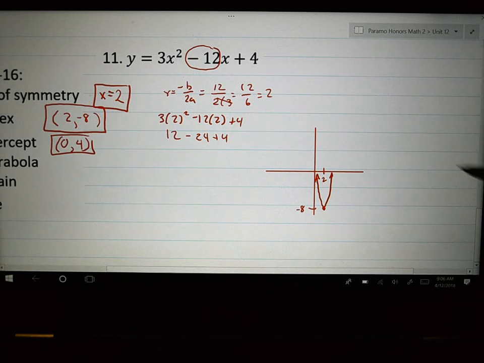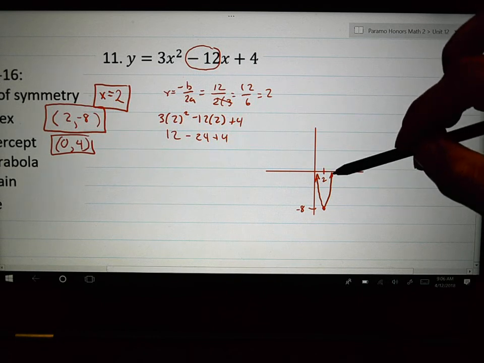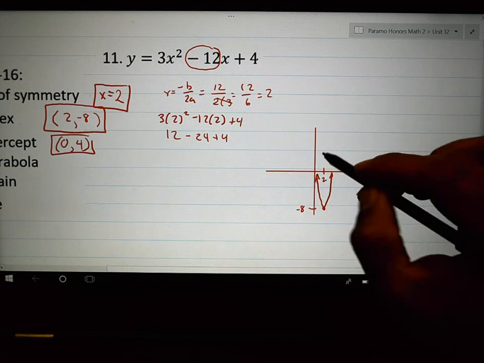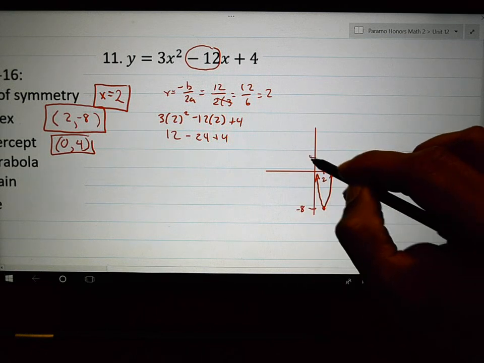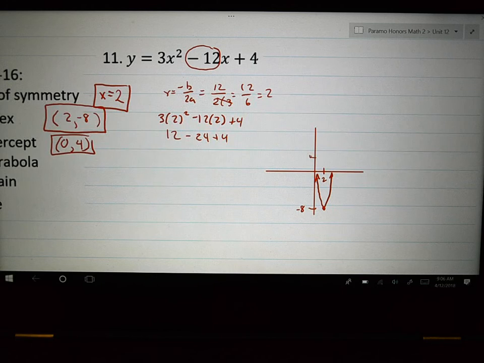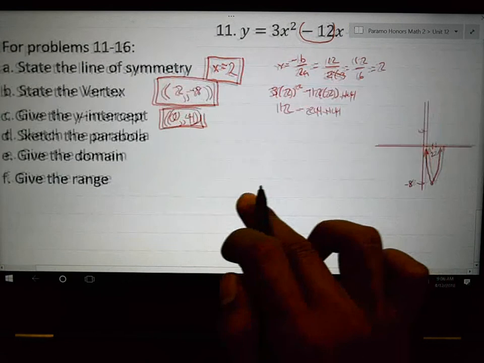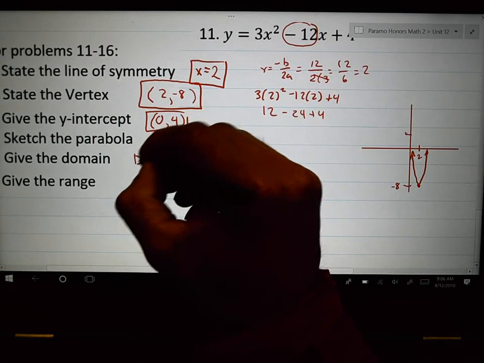So I'm making a pretty skinny parabola opening upwards. I'm not writing out where it intercepts the x-axis or where the y-intercept is, but the y-intercept goes through something like 4, so that looks like it's going to hit through 4 somewhere. Okay, it's just a sketch. We don't have to be that detailed. Our domain is all reals.